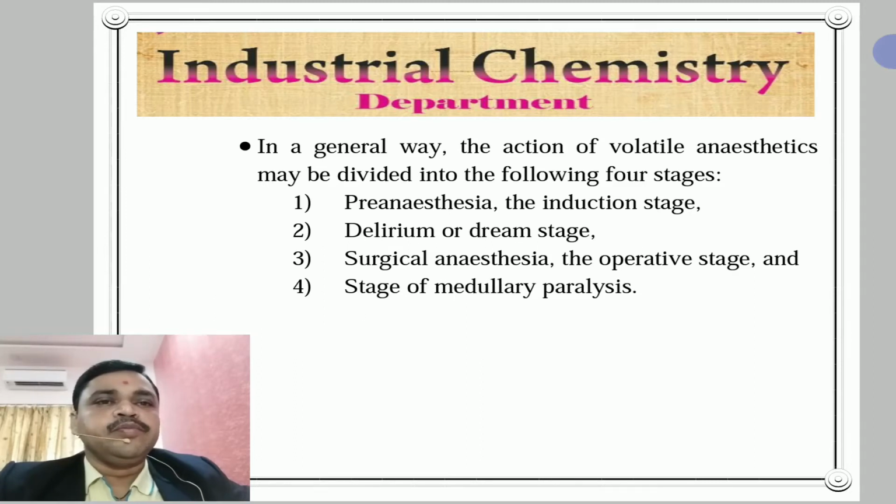Number 2, delirium or dream stage. Number 3, surgical anesthesia, the operative stage. And number 4, stage of medullary paralysis. These are the 4 steps of the action of anesthetics.